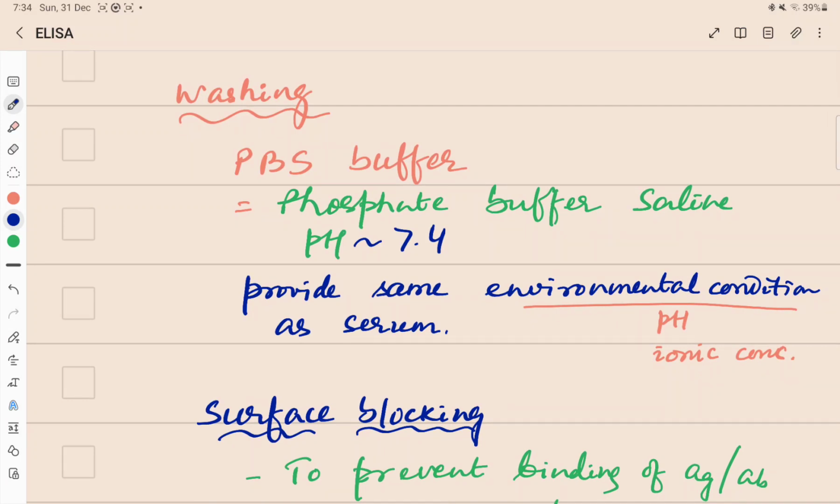We have to wash with phosphate buffer saline or PBS, which provides the same environmental condition as blood or serum. It provides the same pH because PBS, phosphate buffer saline, has pH 7.4. It also provides the same ionic concentration. So during washing we use PBS buffer.